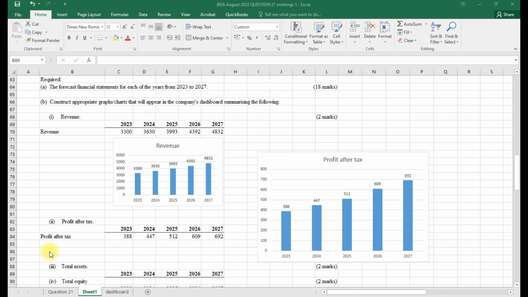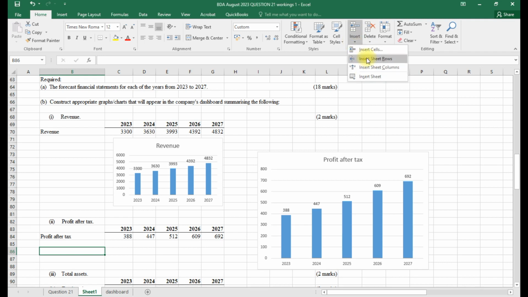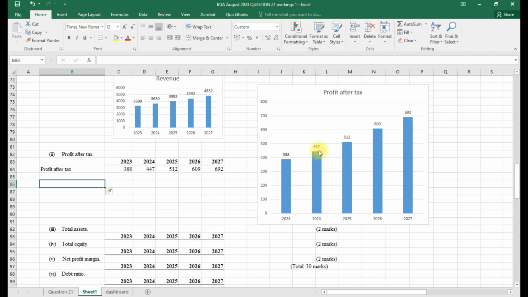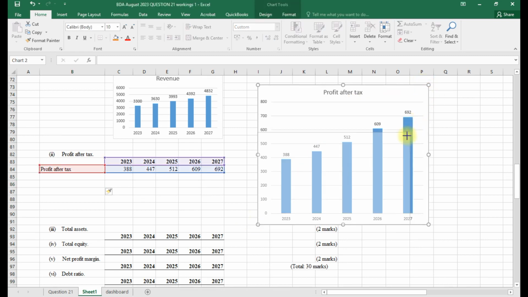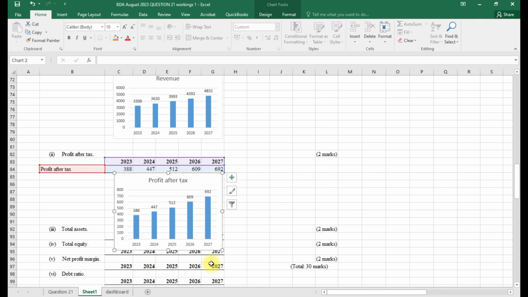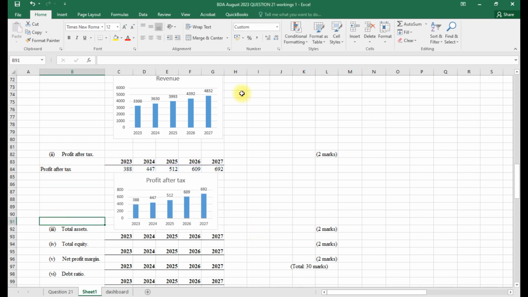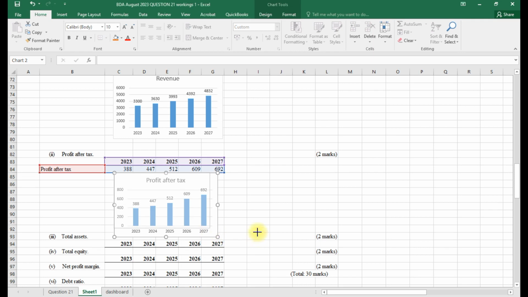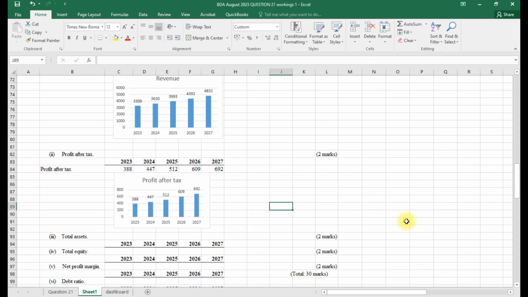I'll insert other rows so that I can fix it here, and reduce the size of our profit after tax chart. And that is a chart that shows the profit after tax.